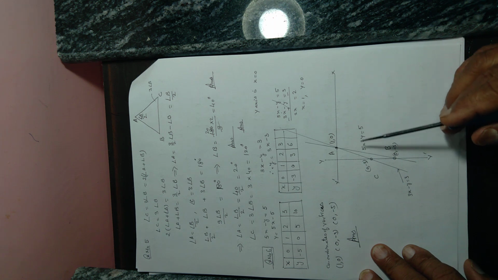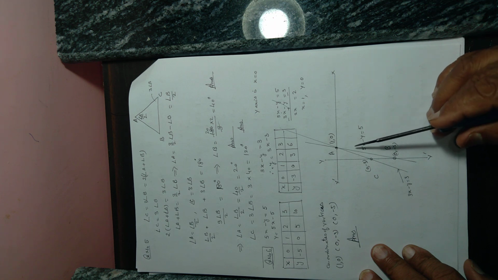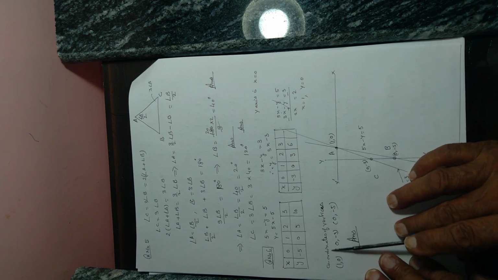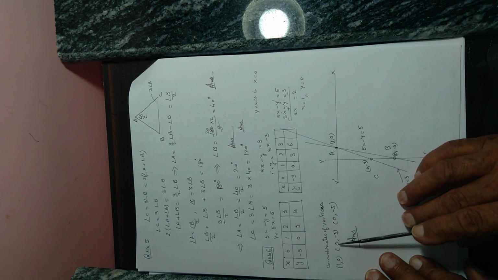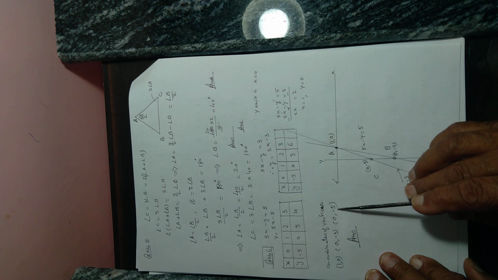These are the graphs of 5x - y = 5 and 3x - y = 3. So we have got the coordinates of the vertices: (1, 0), (0, -3), and (0, -5).